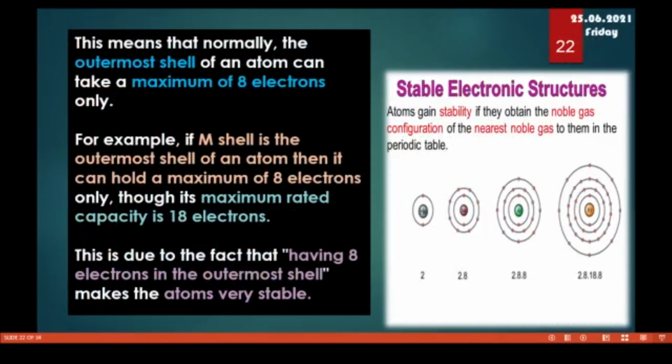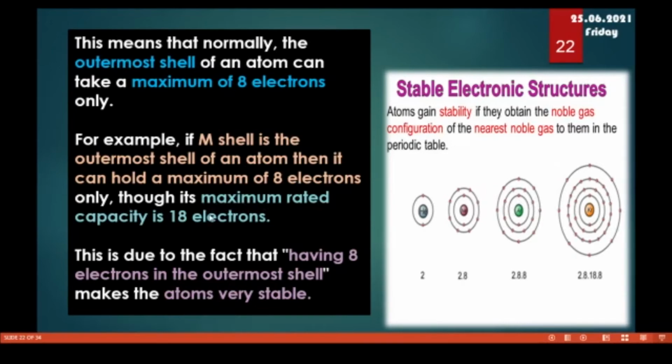This means that normally the outermost shell of an atom can take a maximum of 8 electrons. If the K shell, only 2 electrons are filled. For example, if the M shell is the outermost shell of an atom, meaning K, L, M, the maximum is 8 electrons only.